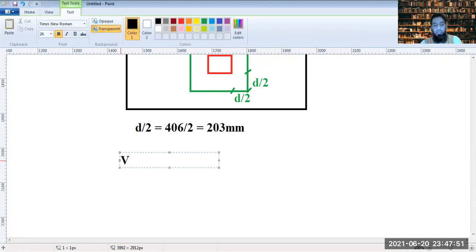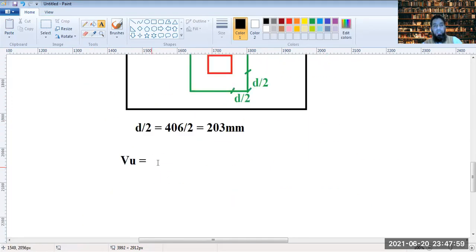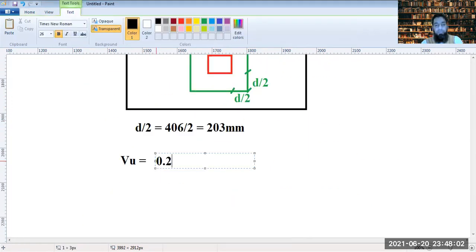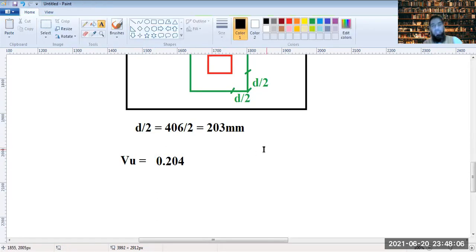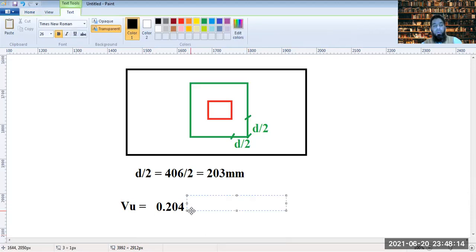Now, what would be the value of Vu in the two-way shear case? What was the value of the forces? That was 0.204 Newton per mm square. Now, while you are determining the two-way shear, this is already in Newton per mm square. You now need to multiply it by the area about which this would act.